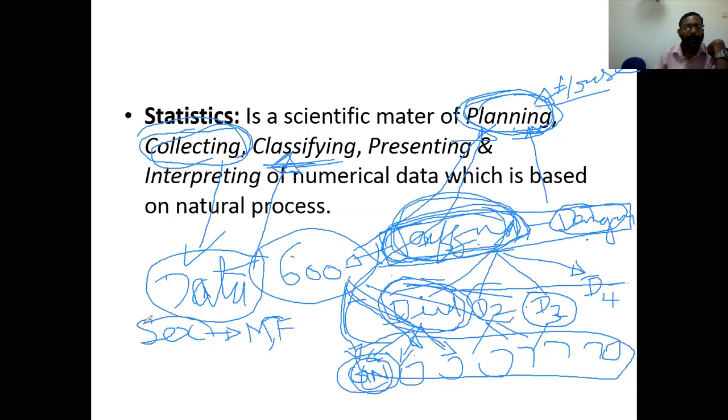So this is one type of data. Income. I'm collecting data from these 600 families, whether how many members are male and female. Sex is one variable. Income is another variable. Can you tell me, are these types of data the same?